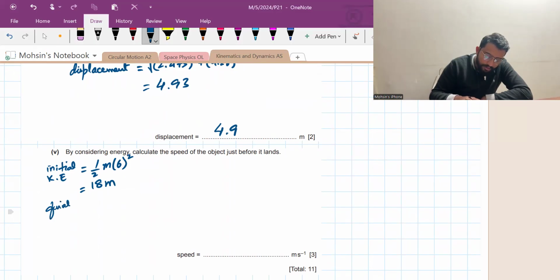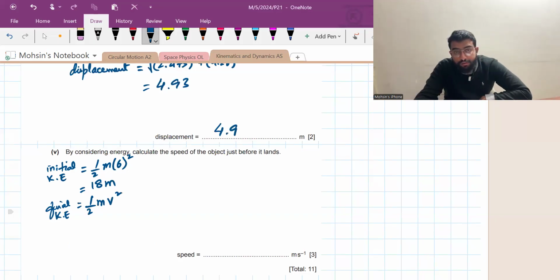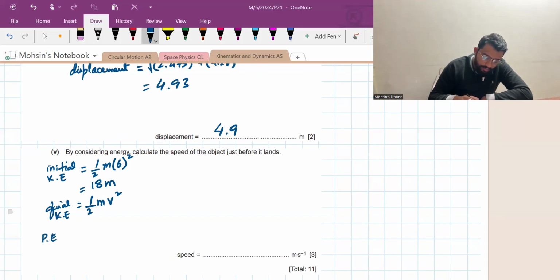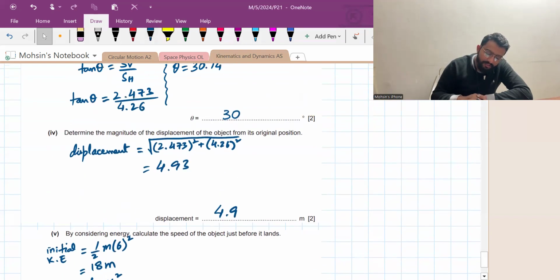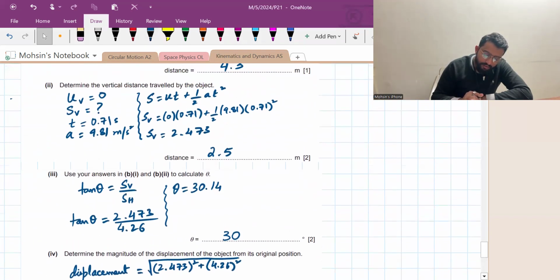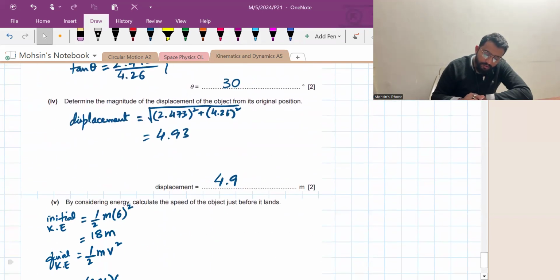Final kinetic energy will be half m v square. We don't know m. And the gravitational potential energy will be m g h. Height is the vertical distance, and we know that the vertical distance is 2.47.